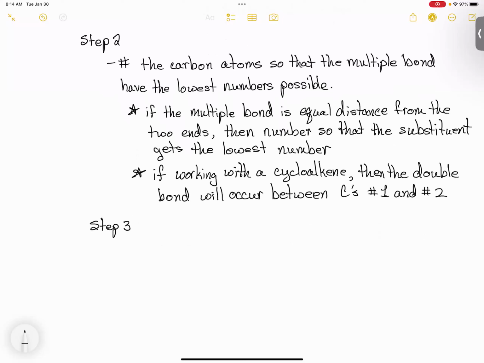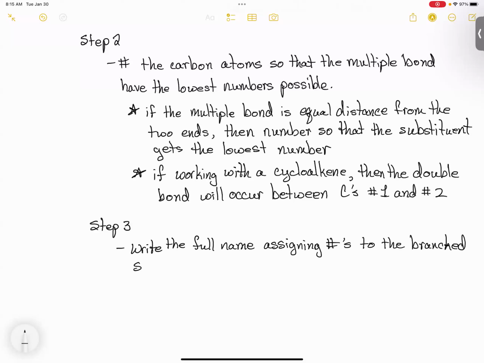Step 3 is to write the full name, assigning numbers to the branch substituents, and to the double bond.